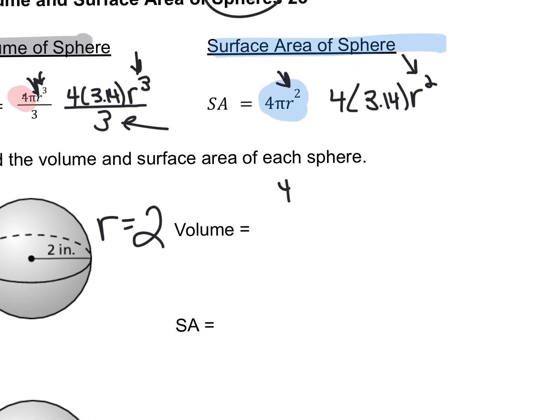So we're going to have 4, because that's part of our formula, times 3.14 times radius, which is 2, cubed, again, don't forget to cube your radius, divided by 3. When you go to use your calculator, you can put everything in directly like this, but just be careful.